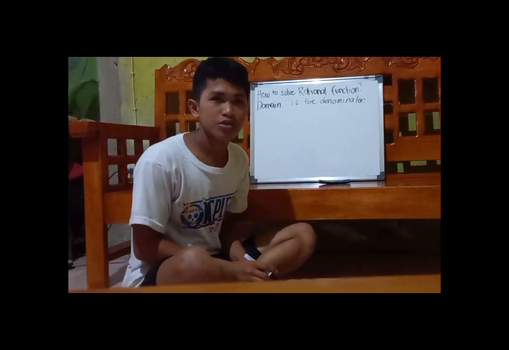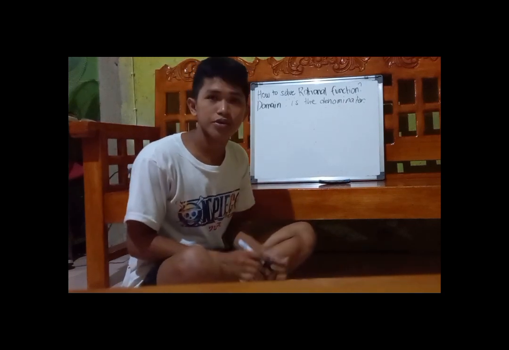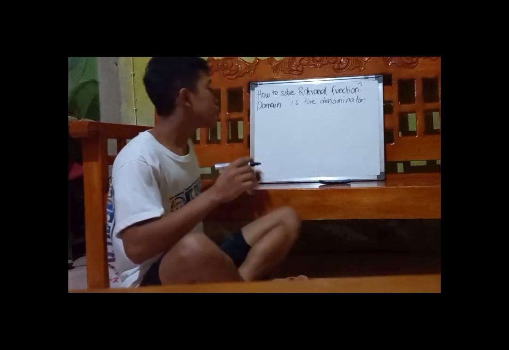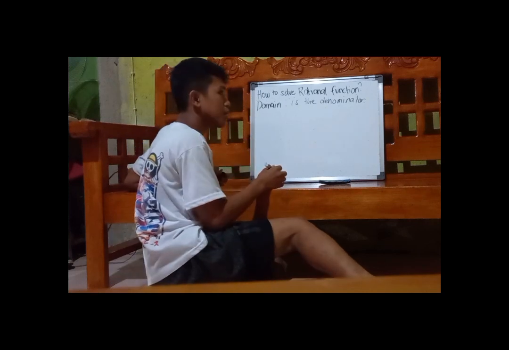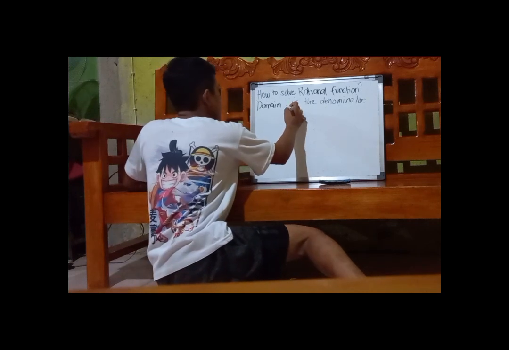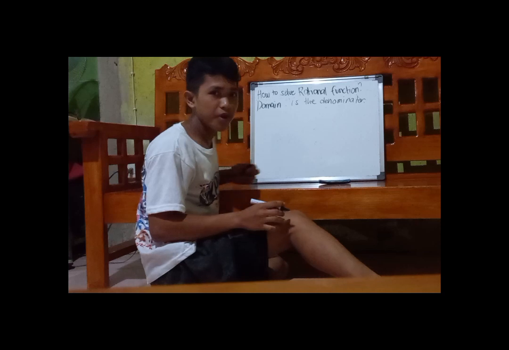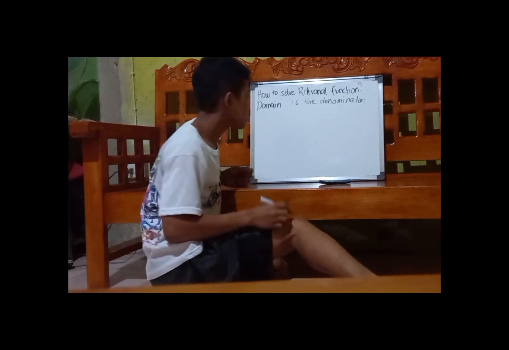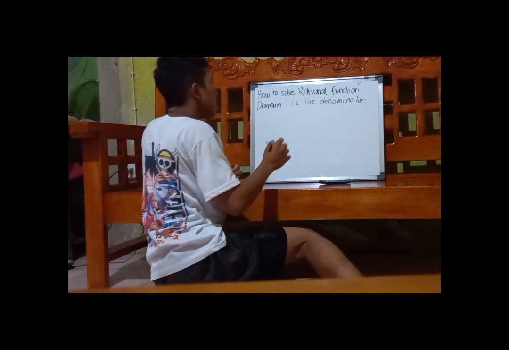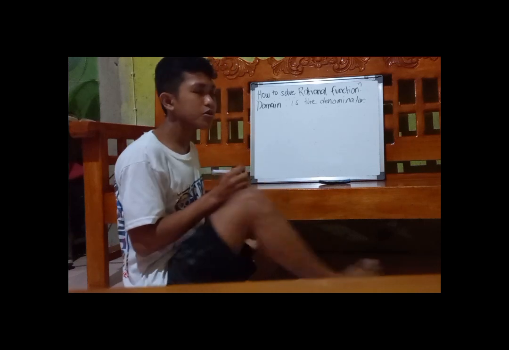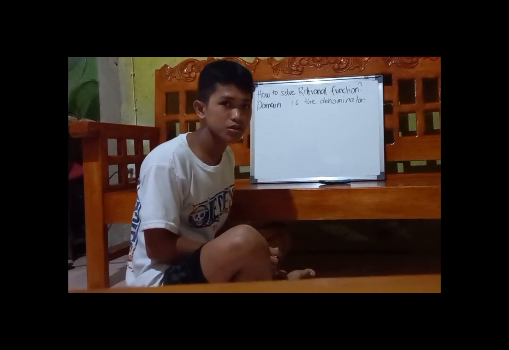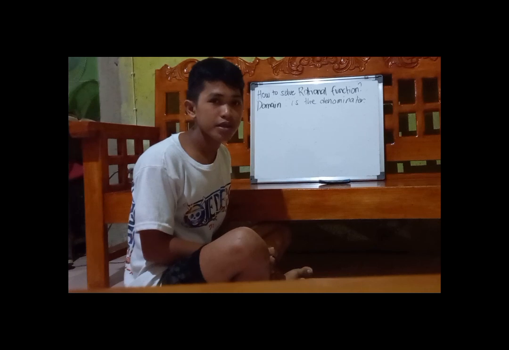To find the domain, you're going to equate the denominator to 0. You must equate it to 0 because that is the way to find the domain of the rational function. And also, when you're going to solve the rational function, you must find the range.